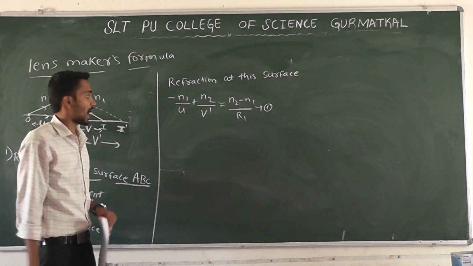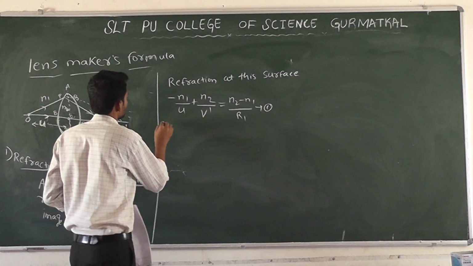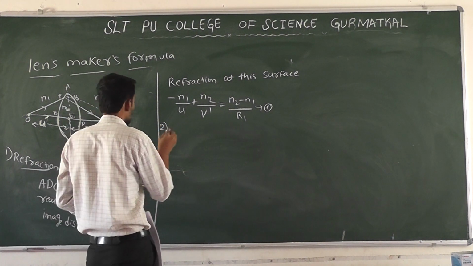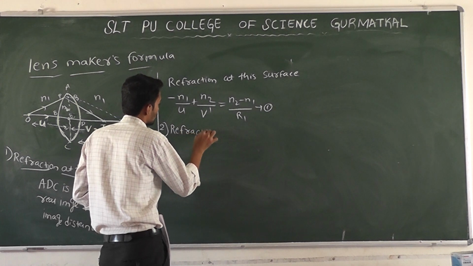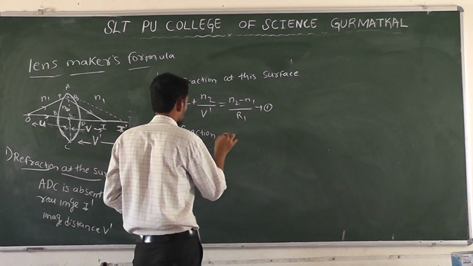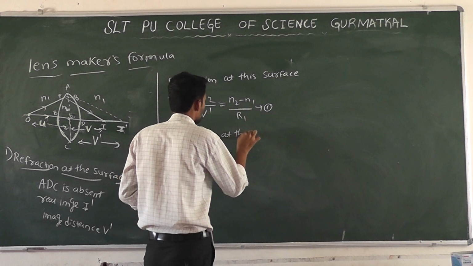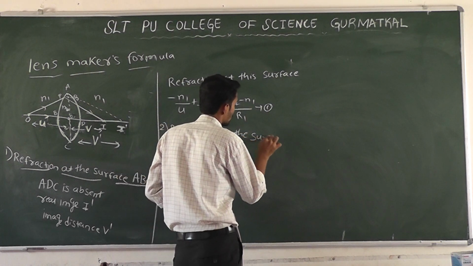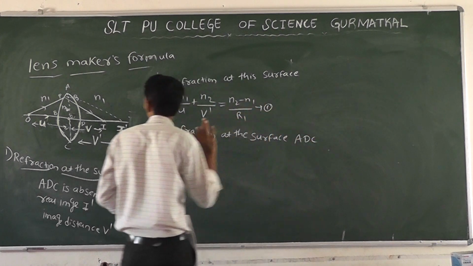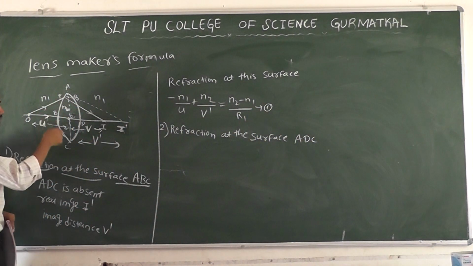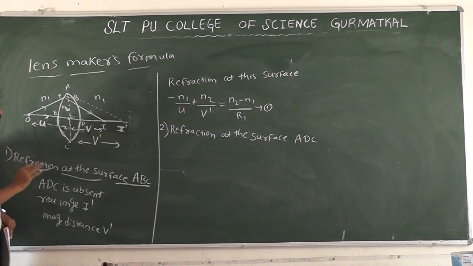We are taking R1. For the second condition, what is the second condition? Refraction at the surface ADC. It means in this case the surface ABC is absent. Remember this point, the surface ABC is absent, only the ADC surface is present.